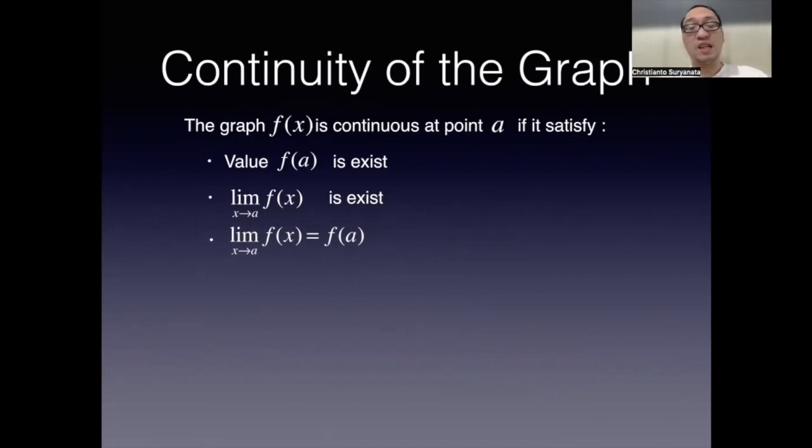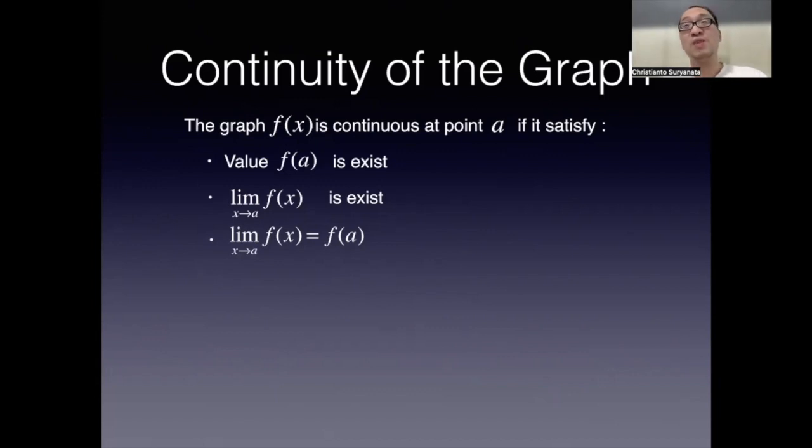And the last one, we have to check that the value of the limit and the value of f(a) are equal. So the limit of f(x) when x approaches a is the same as the value of f(a). Then we say that the graph is continuous.